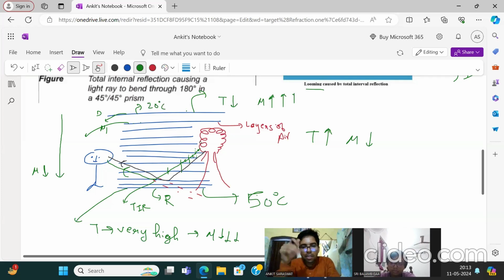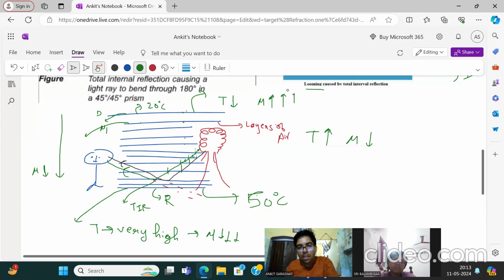In between you will find variations like 50, 40, 30, 35. Then at every boundary you will see a different refractive index, a different value of mu.